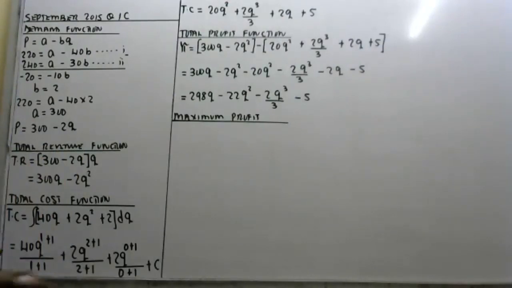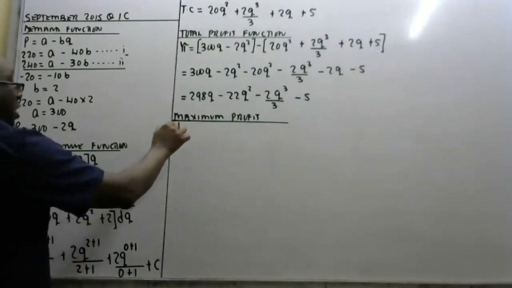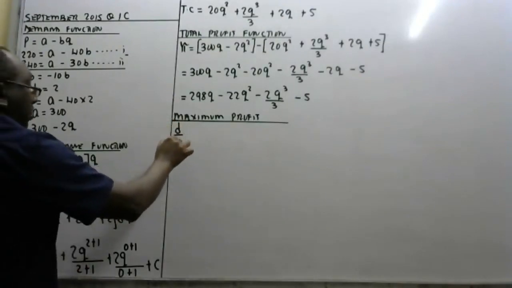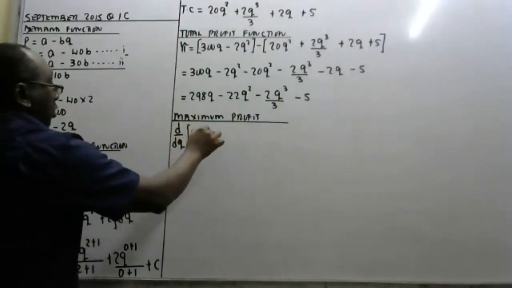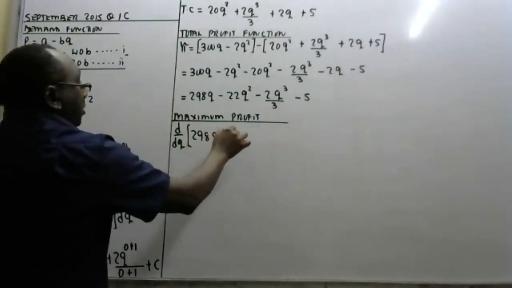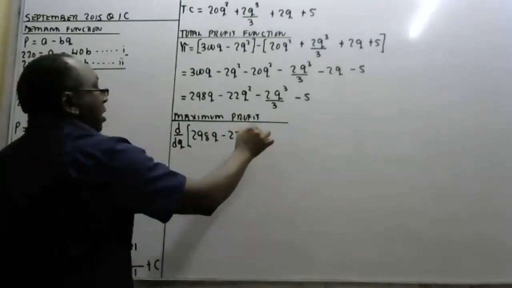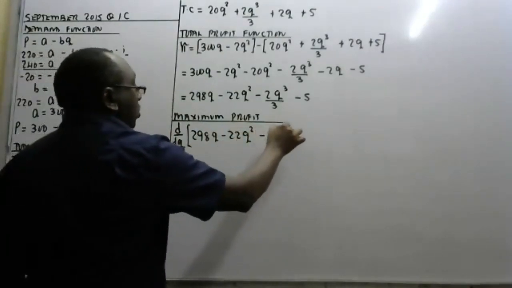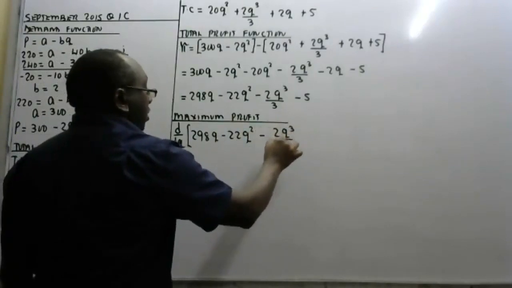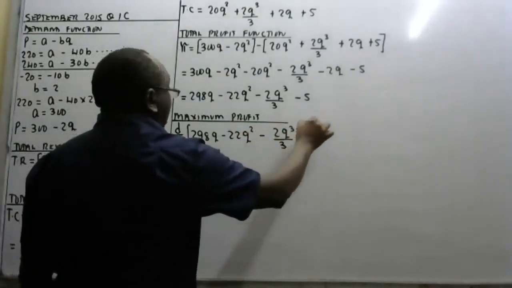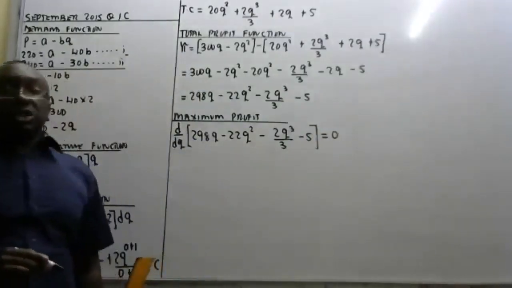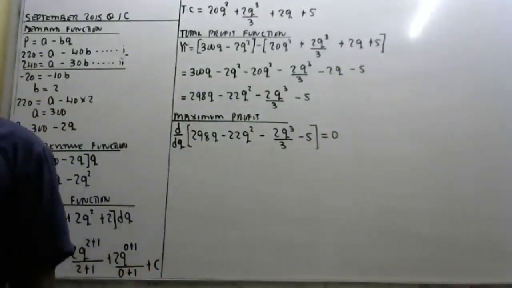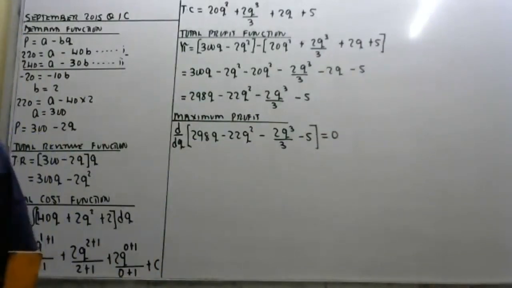For us to get the maximum profit, we need to differentiate with respect to Q this 298Q minus 22Q squared minus 2Q cubed out of 3 minus 5, and then we say it is equal to 0. The differential of pi with respect to Q should be equal to 0.